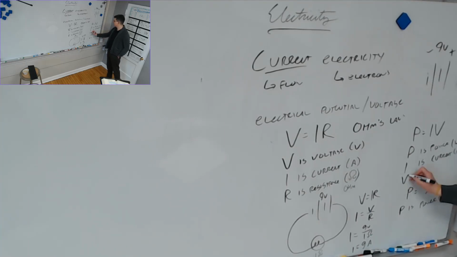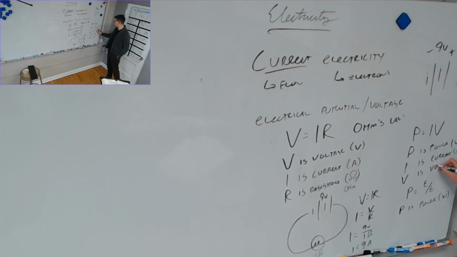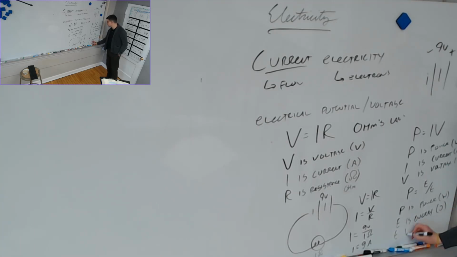And V is voltage measured in volts. And then E, again, is energy measured in joules in the SI. And T is time, measured in seconds.